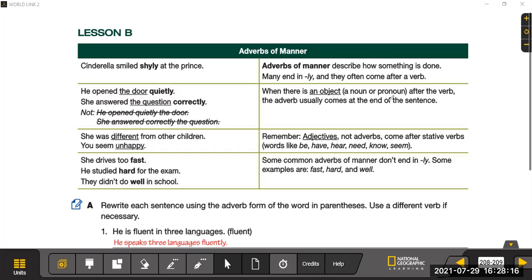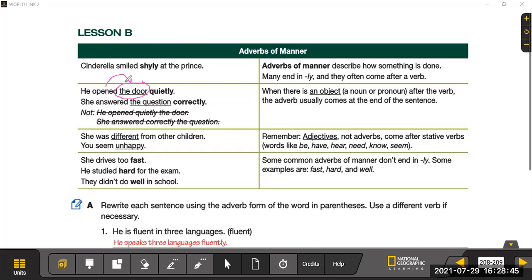En la segunda regla dice, when there is an object, a noun or pronoun after the verb, the adverb usually comes at the end of the sentence. Cuando tenemos un objeto directo, puede ser un nombre, un pronombre, entonces el adverb of manner debe ir al final. ¿Okay? Recuerden que cuando yo digo an object es lo que recibe la acción del verbo en la oración.